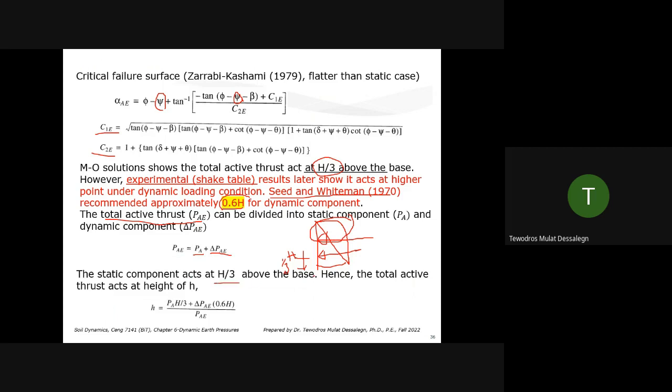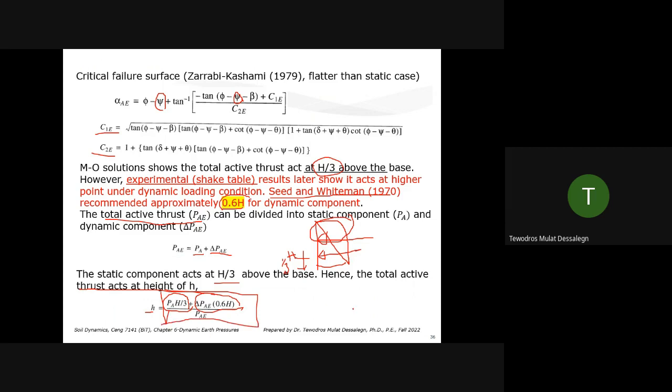It's a triangular distribution. We know that. Hence, the total active thrust acts at a height, the resultant of both the static and the dynamic. So the static acts at H/3 from the base. The dynamic acts at 0.6 H from the base. So the net force is acting at h distance given by this.